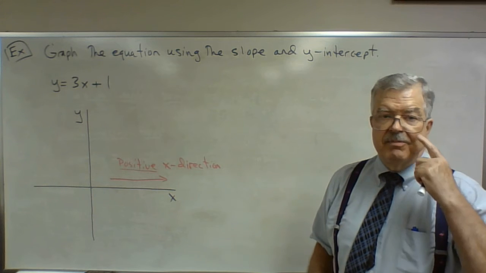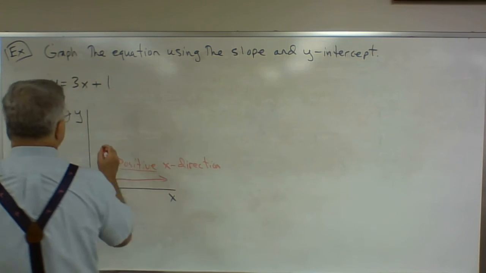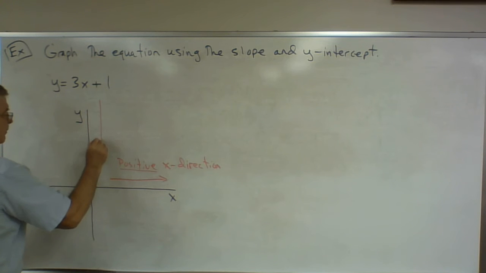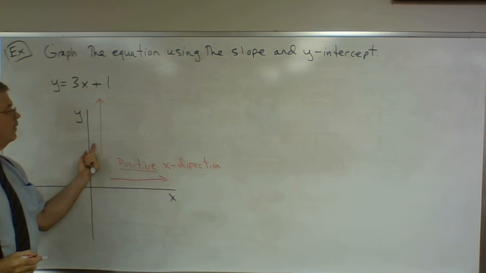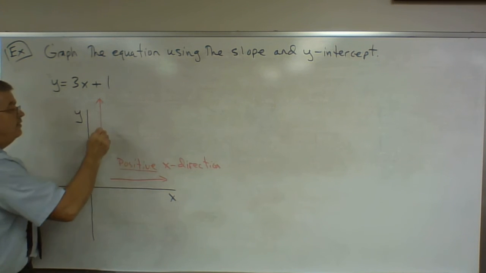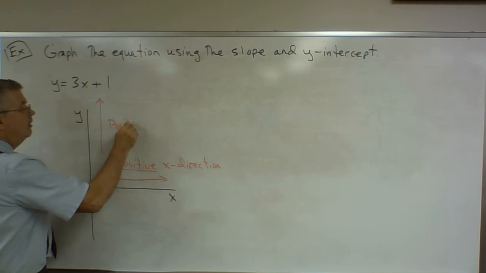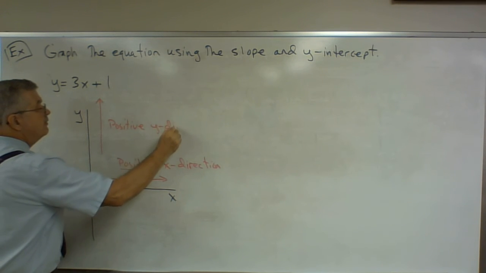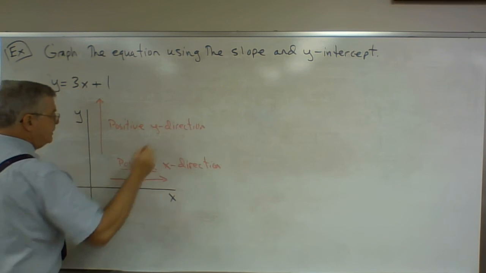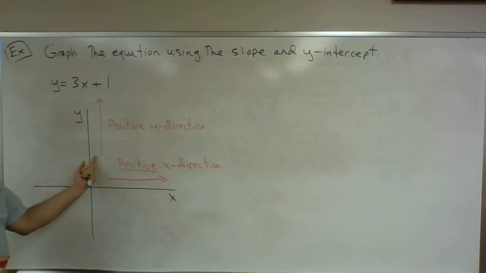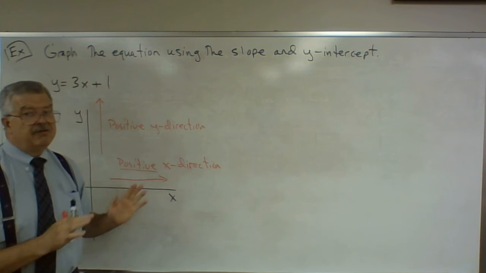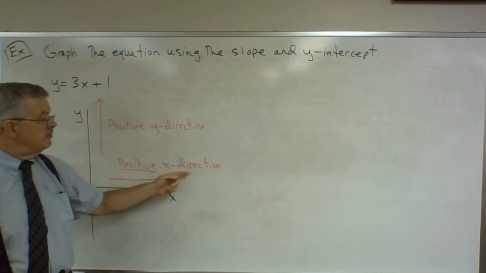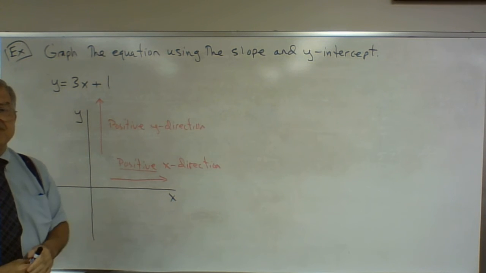Now let's also adopt a second convention, and this is also universal. If we move vertically, going upward, this is the positive y direction. Moving left to right, the same way that we read, is the positive x direction.